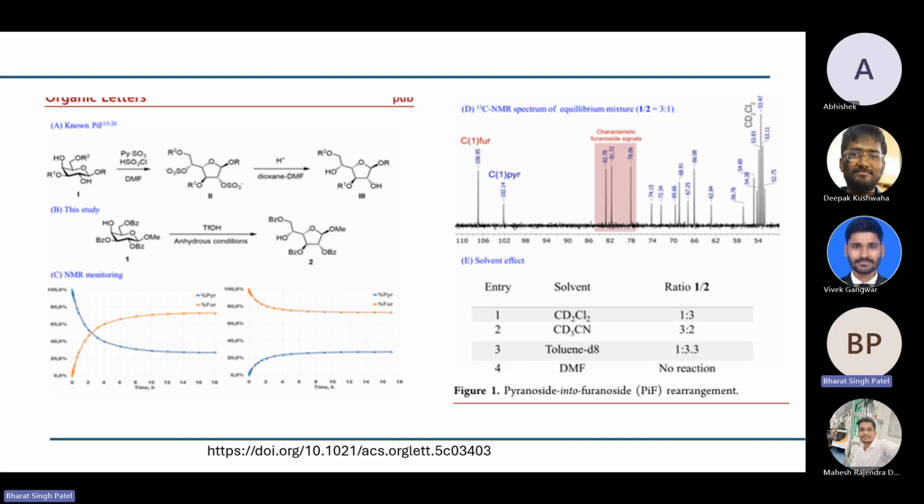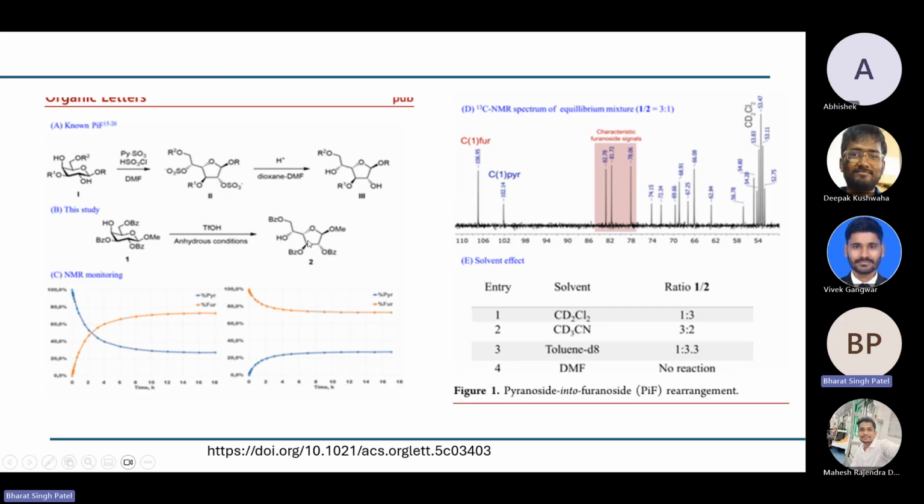In this paper, they took a benzoyl protected methyl glycoside. In this case only the C4 hydroxy was free. They took triflic acid in DCM and saw the formation of the furanoside.